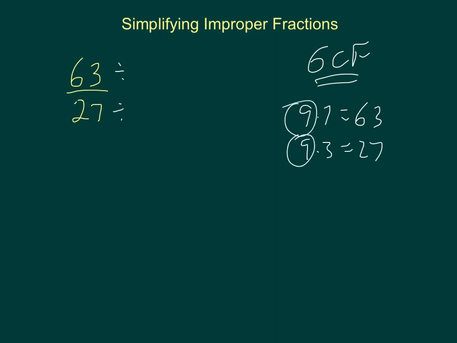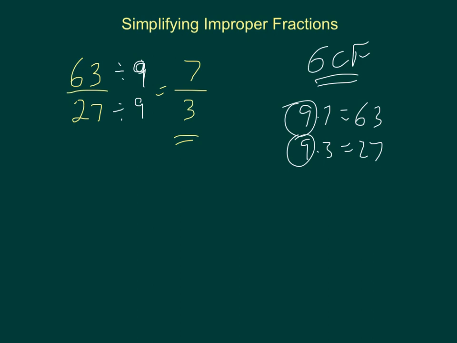Since 9 is a factor of both of those, that is going to be our greatest common factor. Sorry about that, 9. And 63 divided by 9 is going to be 7, and 27 divided by 9 is going to be 3. 7 and 3 are both prime numbers, so this must be the simplified version.